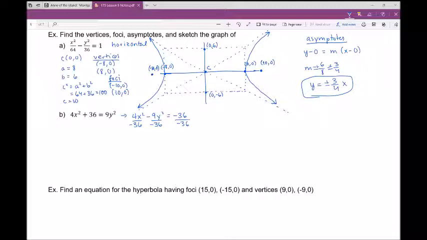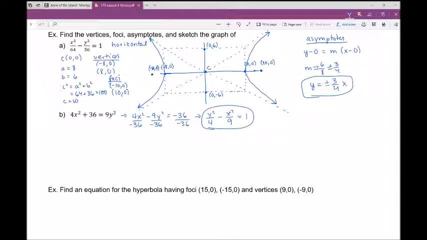Okay, so what this is going to do is flip the order of our terms, because I like to write the positive term first just so I don't miss any negative signs. So what we'll get is y squared over 4 minus x squared over 9 is equal to 1. Okay, so this is the standard form of our hyperbola.